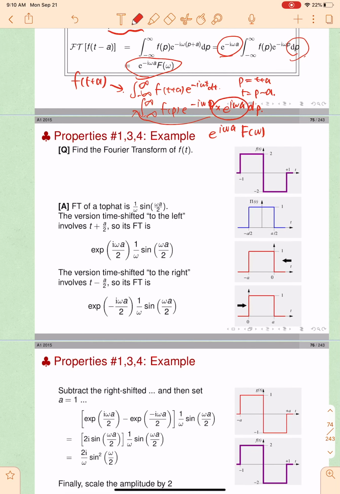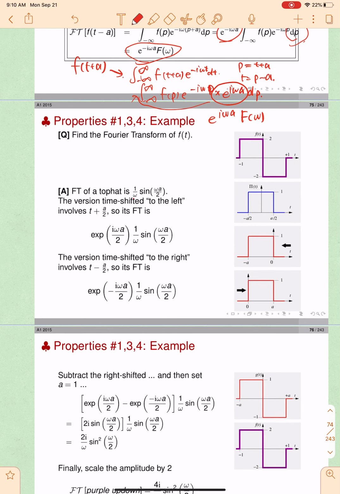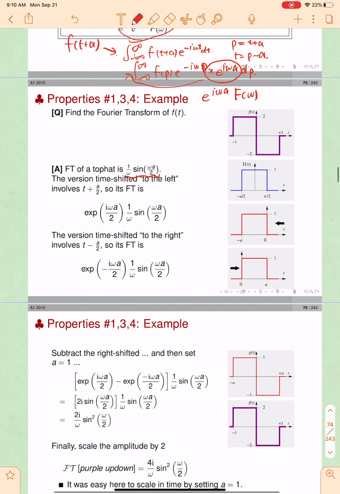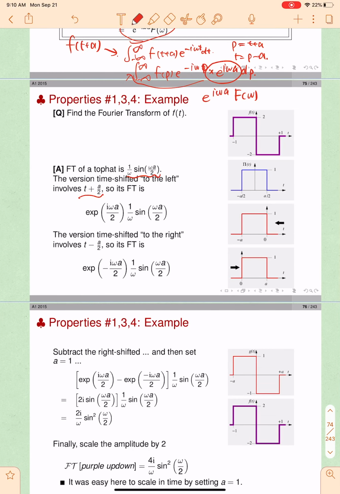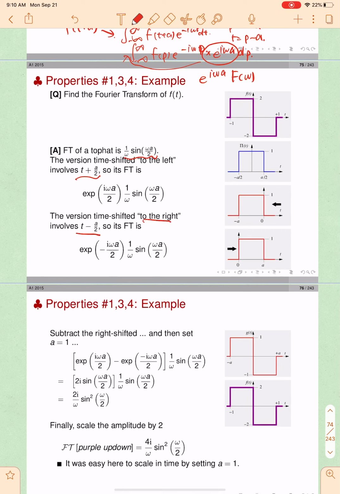Next, find the Fourier transform of f(t). The Fourier transform of a top hat is a sinc function, and the version time shifted to the left involves t plus a divided by 2, yes. Yeah, I just proved it. Shifted to the right, it's a plus sign. So you will add a plus sign here.